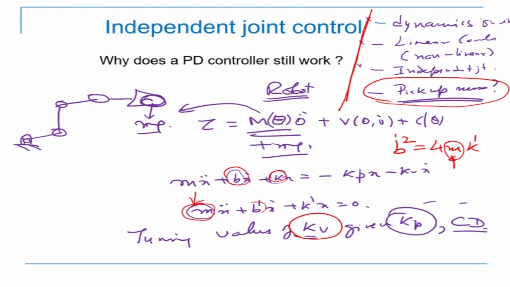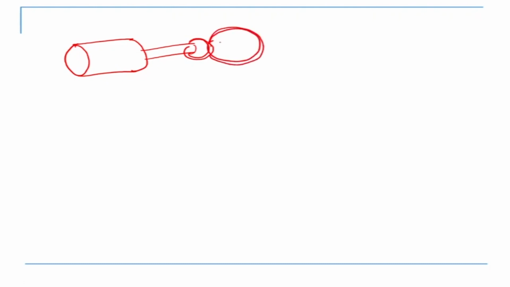Let's try and understand why it works, and then we'll look at more details of the actual control. So let's say this is my motor shaft, and the motor shaft is going out, and there is a gearbox sitting there, and the gearbox is connected to another gearbox. And this is my link which is rotating.